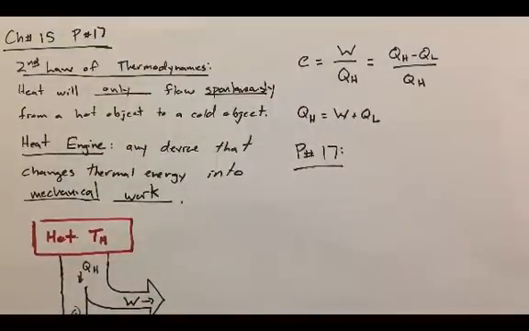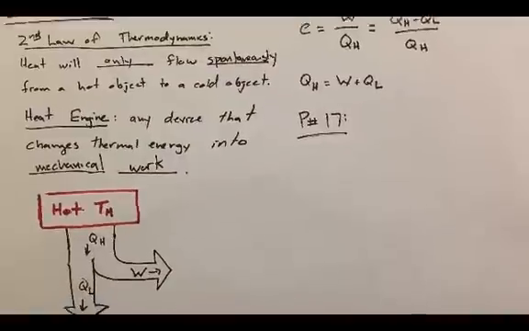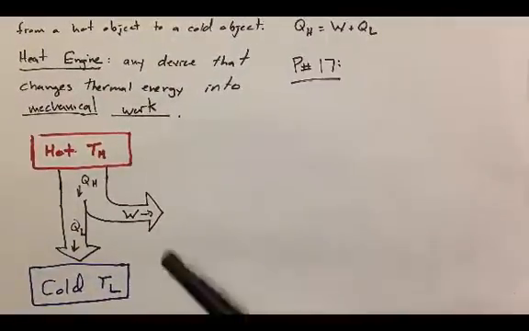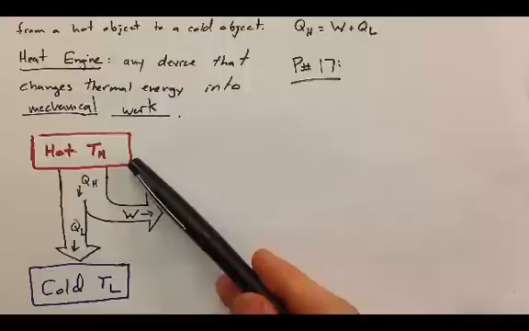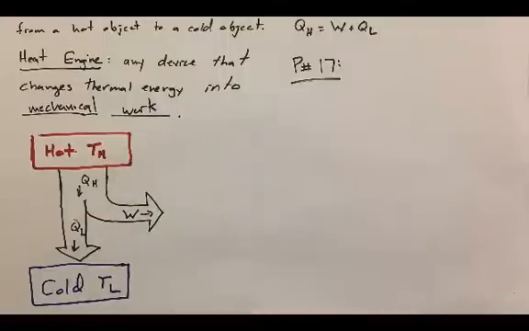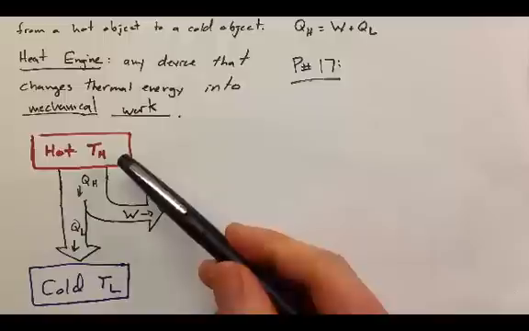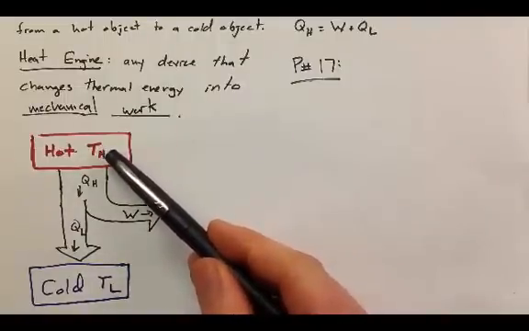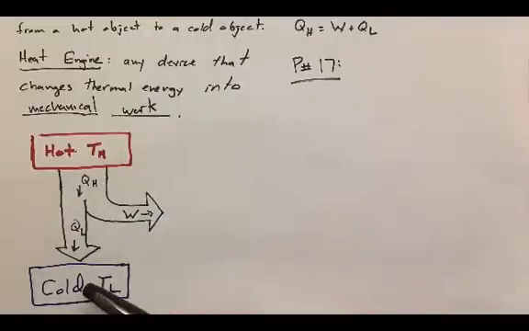And here's how all heat engines work. You have a hot reservoir and a cold reservoir. And in an ideal heat engine, this hot reservoir is at some hot temperature T sub H, or high temperature. And the cold reservoir is at a low temperature, T sub L. Now, heat spontaneously flows from the hot to the cold, but some of the heat we turn into work.